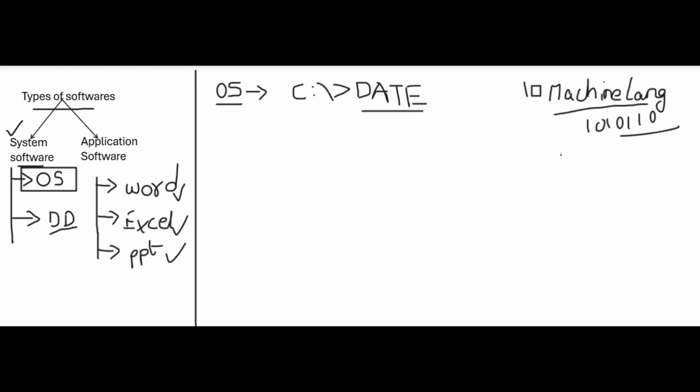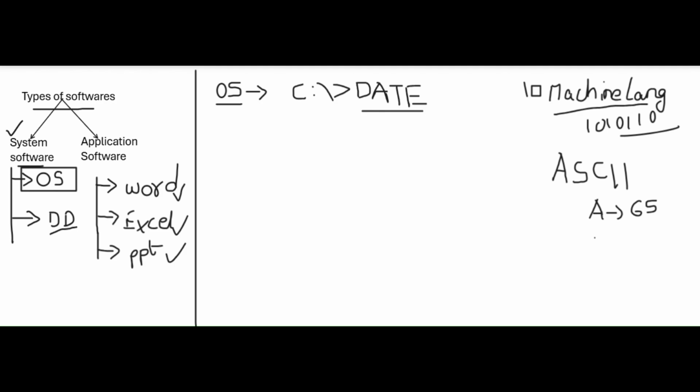Each keyboard has an encoding system. Our keyboard, for example, has an encoding system called ASCII, American Standard Code for Information Interchange. That means every key on your keyboard has an ASCII value. For example, the ASCII value of A is 65.